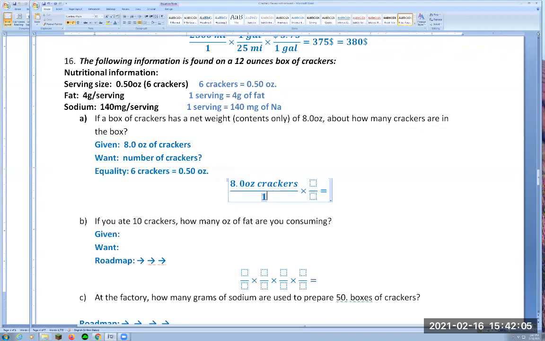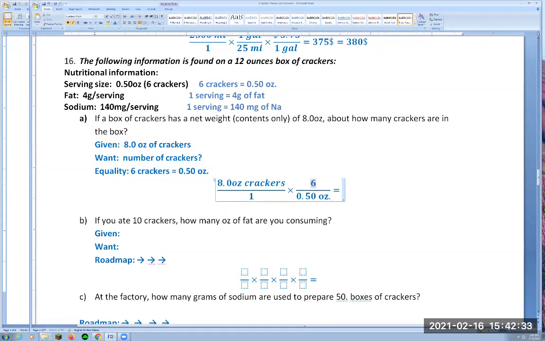And then you will multiply by the conversion factor, which is obtained from the equality here, and you want to cancel the starting unit. Here the starting unit is ounces of crackers. So you want the 0.50 ounces to go in the denominator because you want to be able to cancel ounces of crackers. They will cancel because one is in the numerator, one is in the denominator.